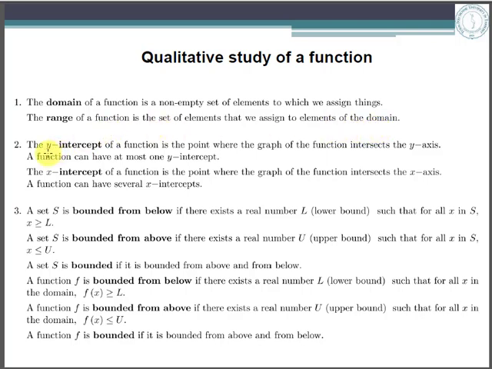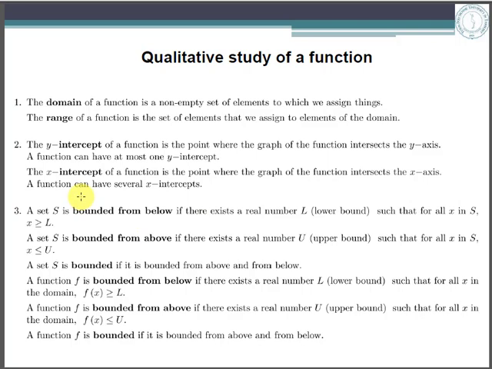Then the second step is finding the intercept points of axes y and x. The y-intercept of a function is a point where the graph of the function intersects the y-axis. The x-intercept of a function is a point where the graph of the function intersects the x-axis.